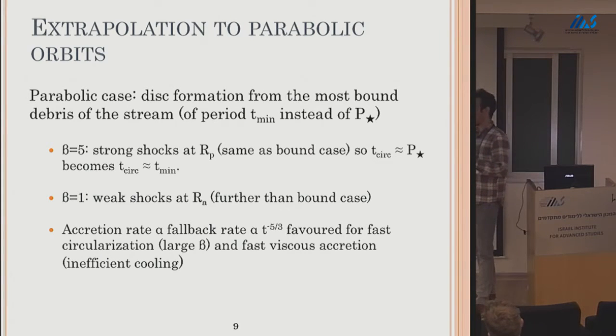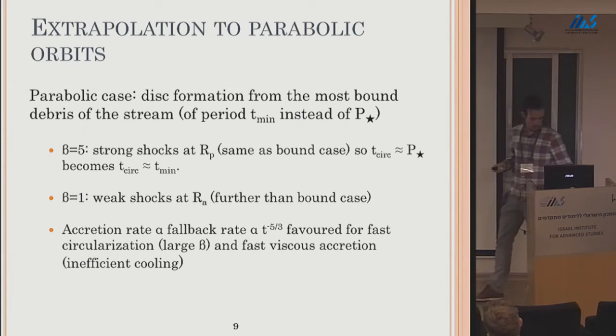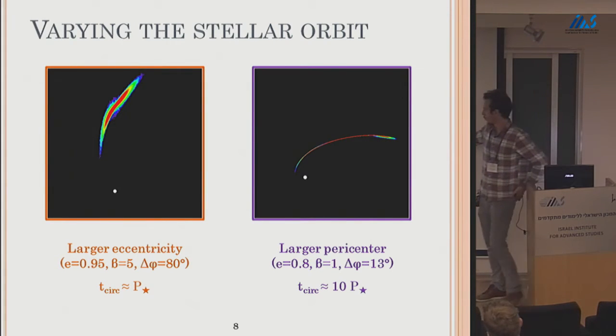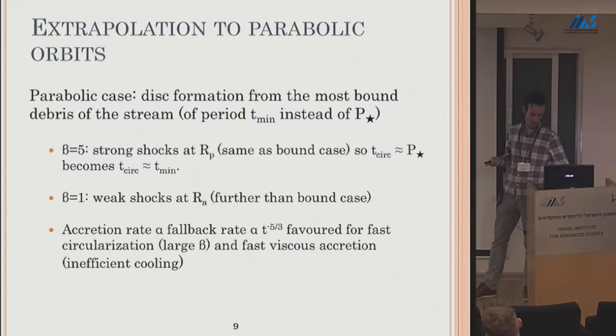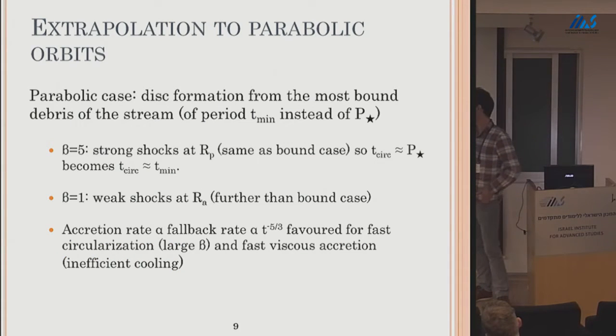However, for the case of beta equal to 1, this is much less clear because, as I showed you here, due to the slow apsidal precession, the shock happens at apocenter of this debris, so they are weaker. But it's even worse in the case of a parabolic orbit because the apocenter of the most bound debris is even further than in the bound orbit that we considered, by a factor of about 2.